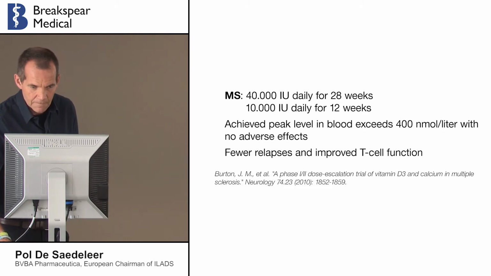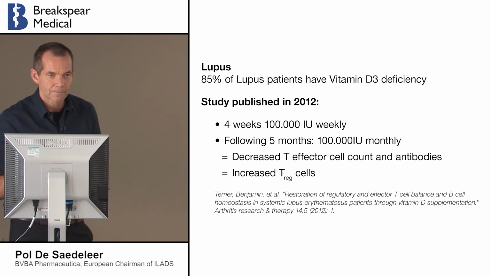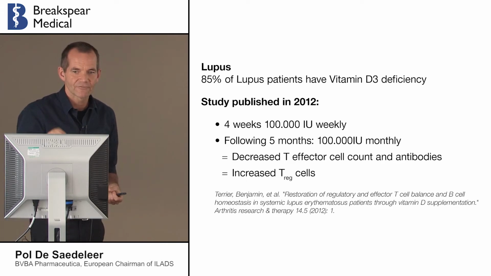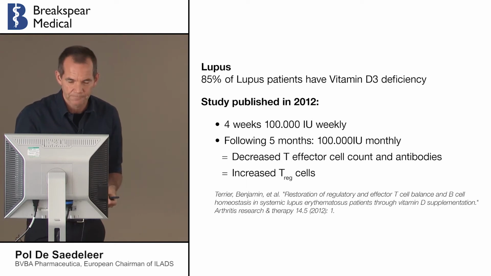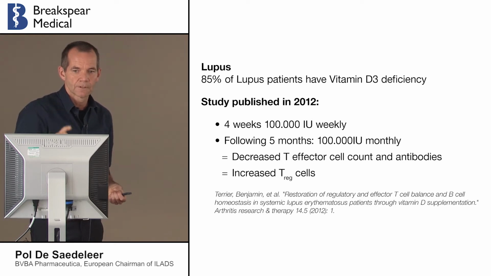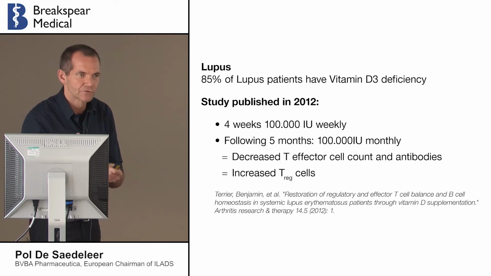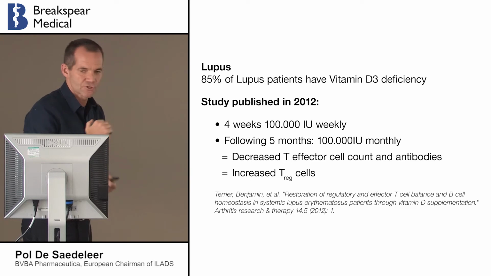In our lupus patients, 85% are deficient in vitamin D3. In this study, published in 2012, we use high doses, but not so high as in the previous MS study.